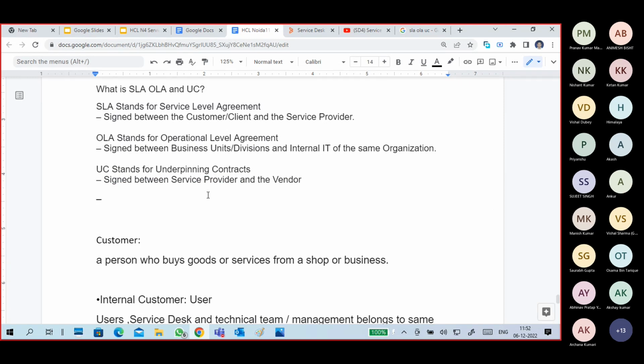For example, I am maintaining a data center. Some organization requires these data center services, so I am providing infrastructure services. The customer is utilizing that infrastructure continuously, 100%. So vendors like internet service providers, the organization requires internet services. That is between the service provider and a vendor.